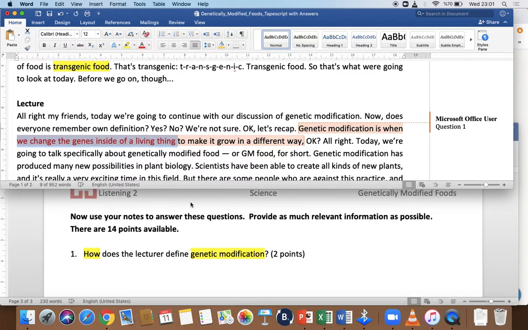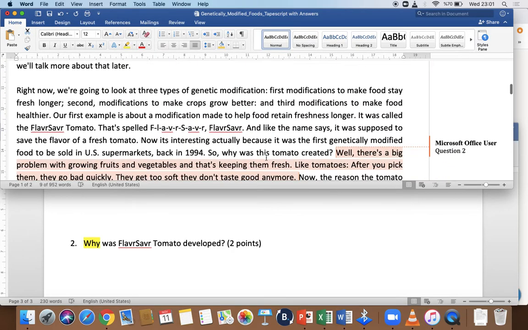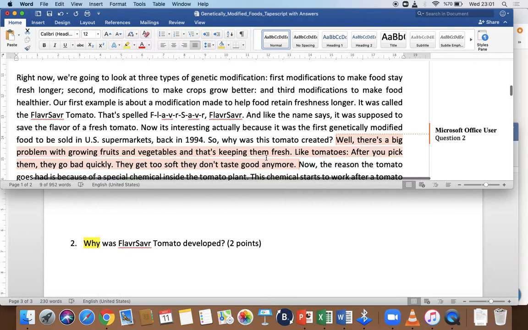We change the genes inside of a living thing. Okay. And next question. Why was flavor savour tomato developed? What was the reason behind it? And the reason is here. There is a big problem with growing fruits and vegetables and keeping them fresh, like tomatoes.